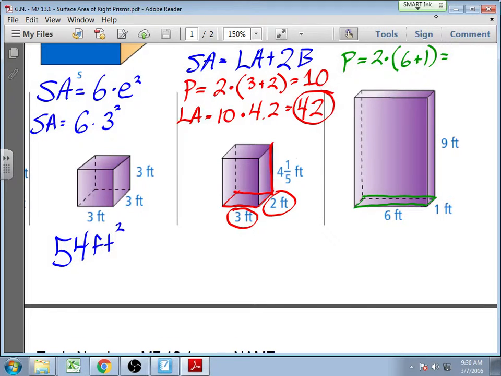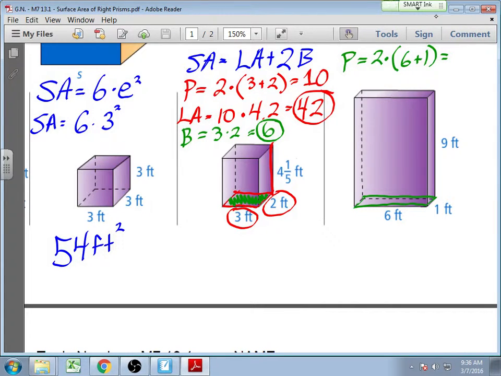I then want to find out my base, my big B. Well, we already said that our base is this 3 by 2. So what's the area of a 3 by 2? 6. And I'm going to use that in my formula.